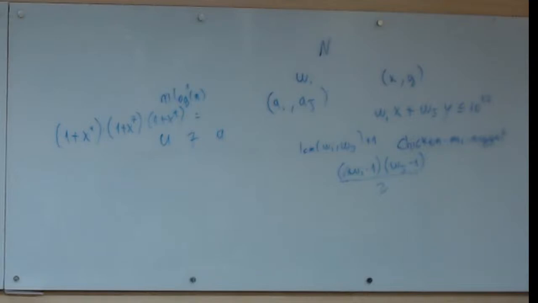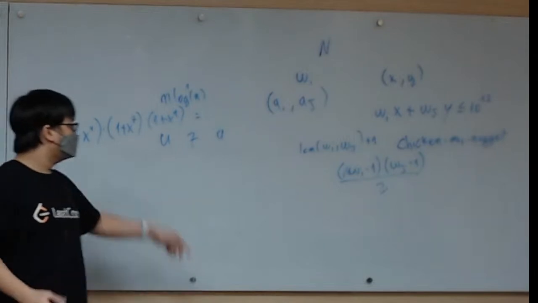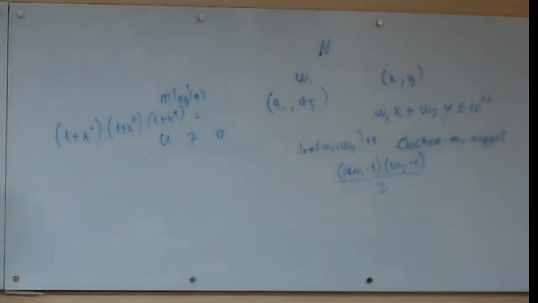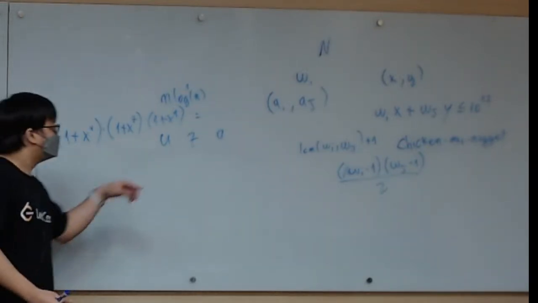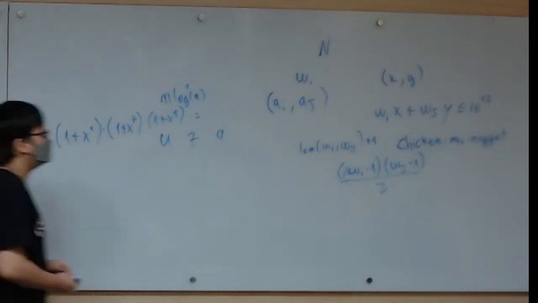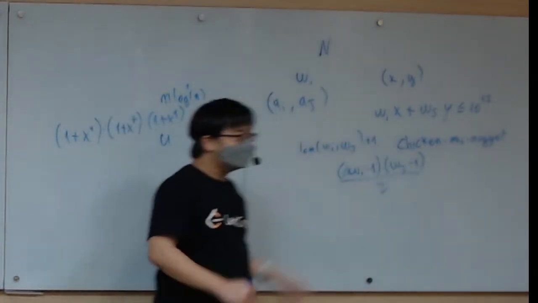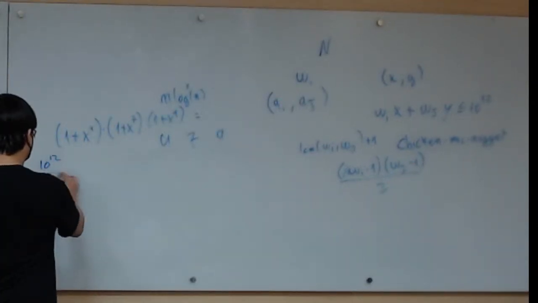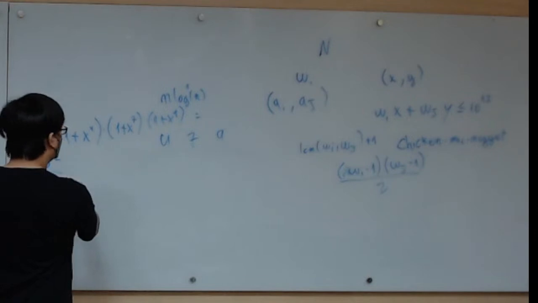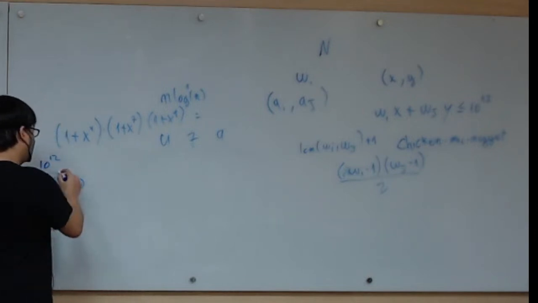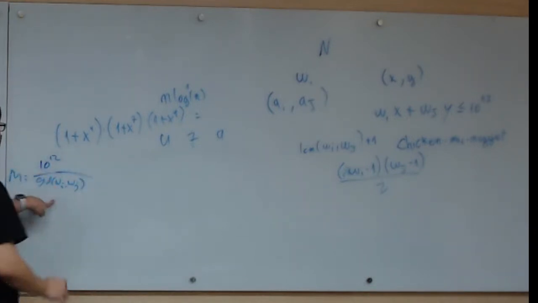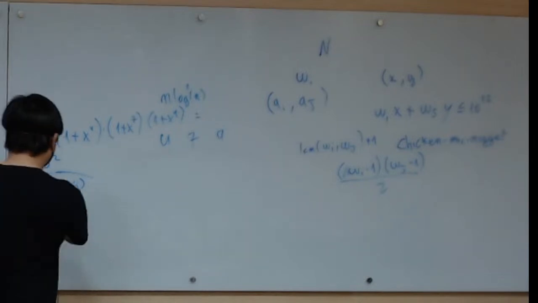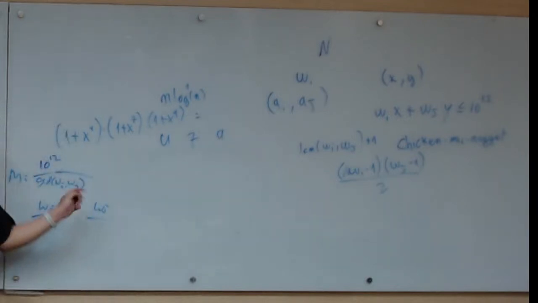Okay. So for the first part, it's exactly what you say. You want to make sure that Wi and Wj are co-prime. If not, then the numbers that can be formed with this are multiples of the GCD. So you can just take 10 to the power of 12 divided by GCD of Wi, Wj, and this becomes the new maximum. Then you divide Wi by the GCD and Wj by the GCD, and it's the same problem.